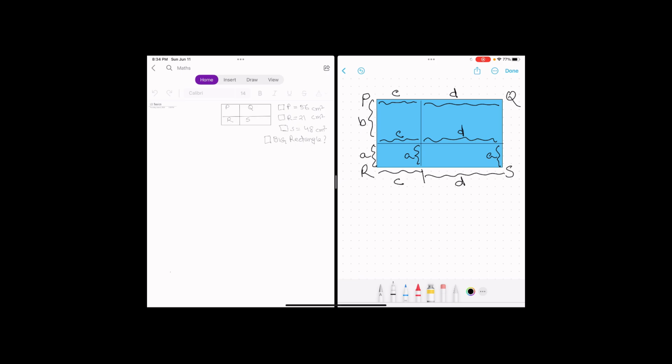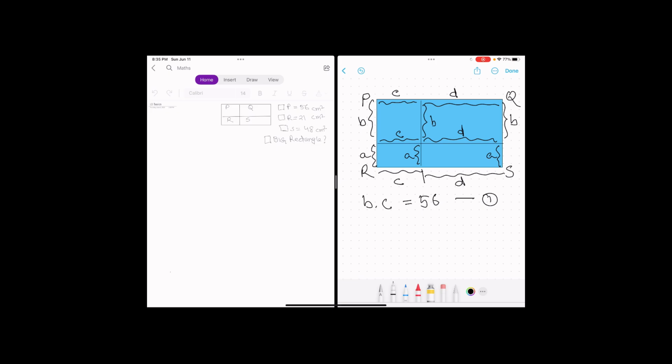Now let's see what has been given to us. Area of rectangle P is 56 square units, which is nothing but B multiplied by C. So we know that B multiplied by C is 56. Area of rectangle R is 21 square units.